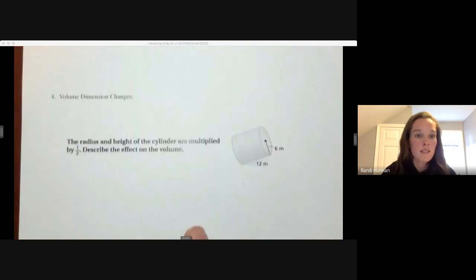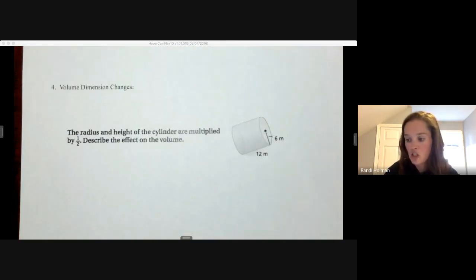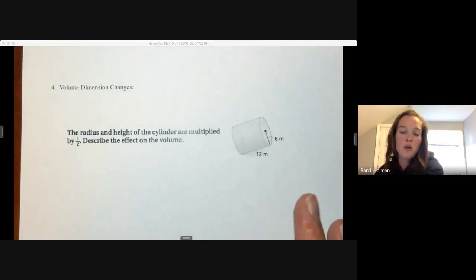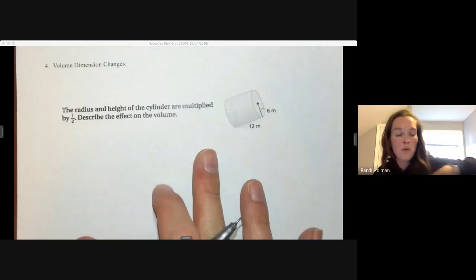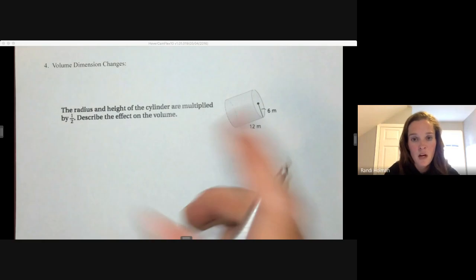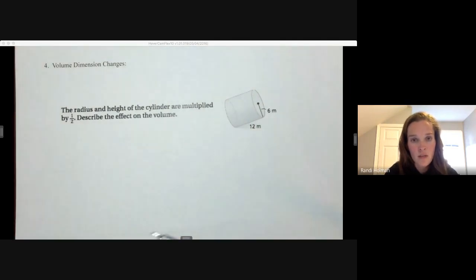Okay, well, last but not least, we're going to talk about some dimension changes. So this is something we circled back to with area as well. But when we're changing our dimensions in a shape, how that affects your volume is going to be dependent on the fact that it is a volume.